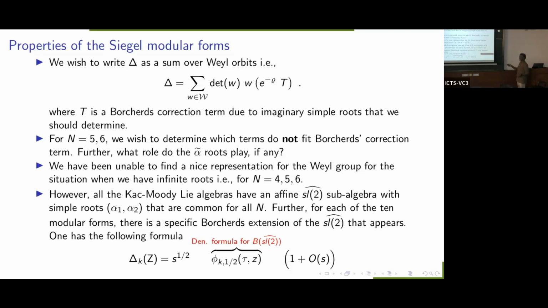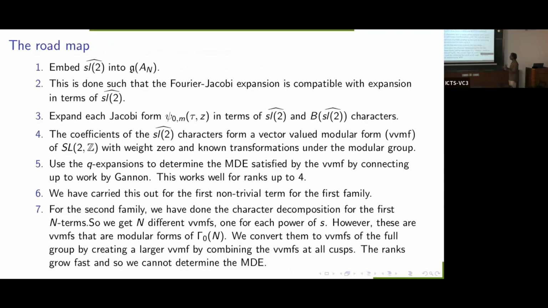Okay, good. So this is actually a nice observation, even though it's ours. It tells you that there is this BSL2 hat, an SL2 hat, which is some subalgebra of whatever it is that we know. Because there is SL2 hat, something which we understand and have control over, the roadmap is the following: you embed SL2 hat into GAN.